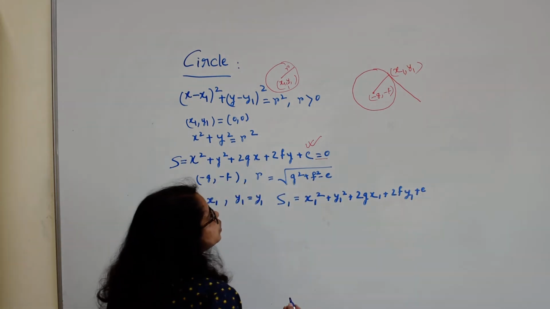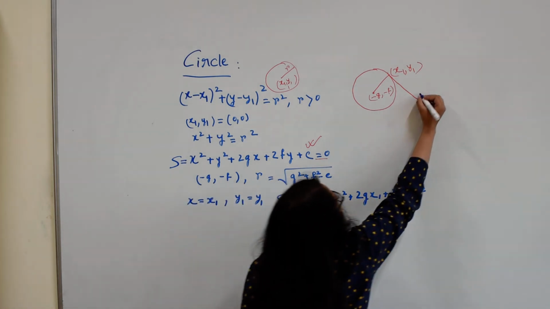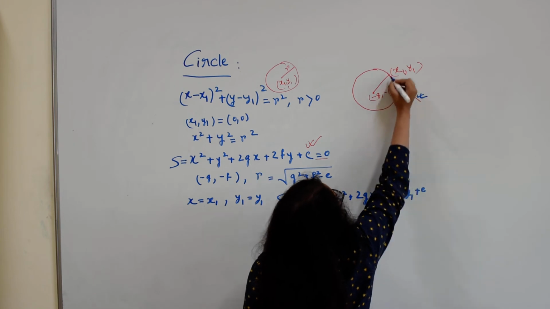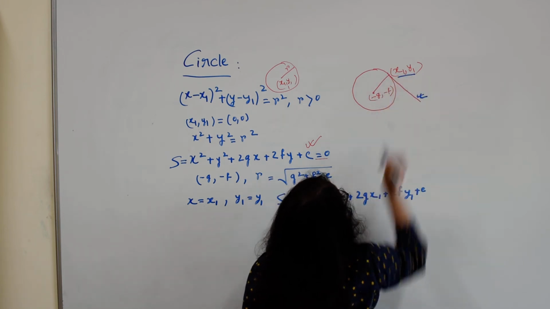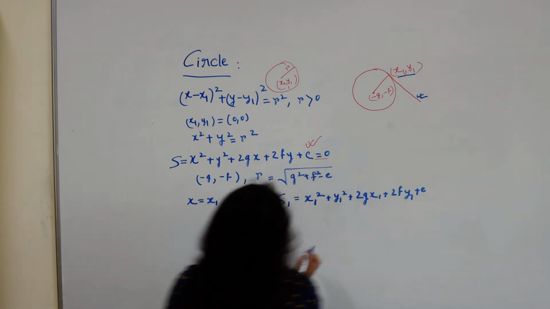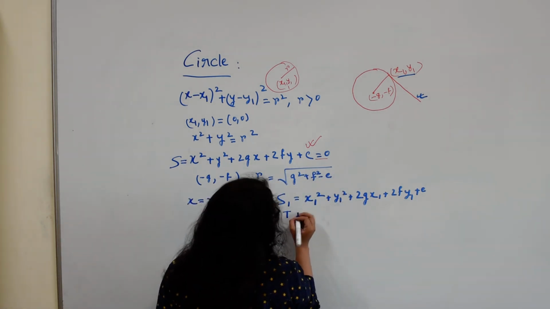Now if we are told to calculate the equation of the tangent which touches this circle at (x1, y1), then this will be equal to 0.